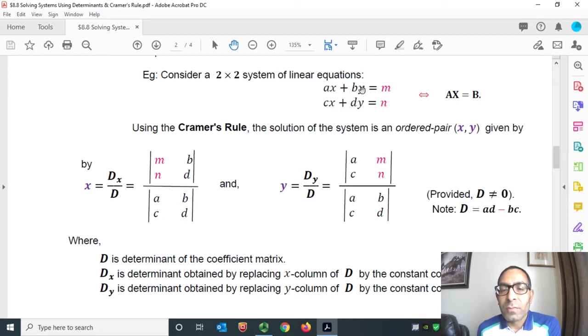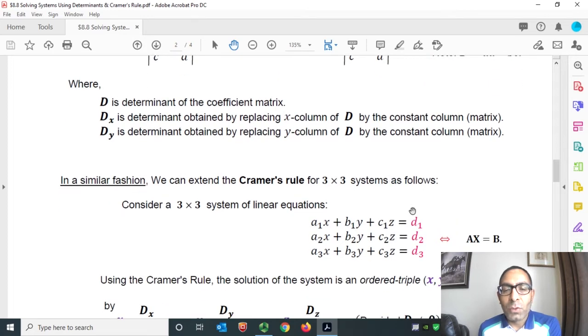That is, we are replacing the coefficients of y in the first and second equations, that is b and d, by the constants m and n respectively. So here we just replace this column b, d by m, n in our numerator. Great. So now this x and y are the solutions of the given system.